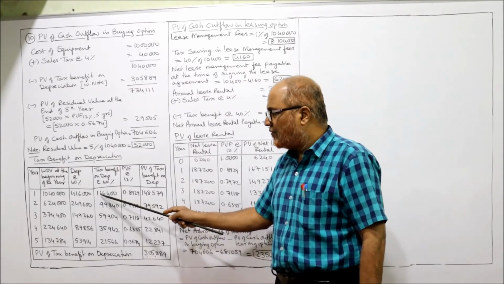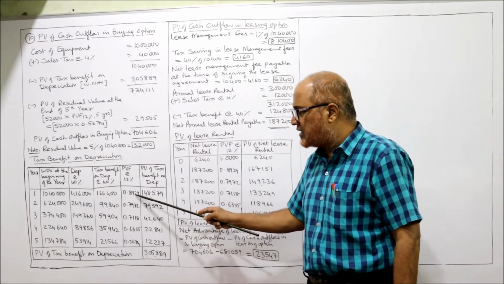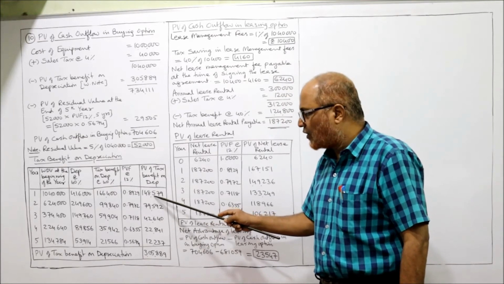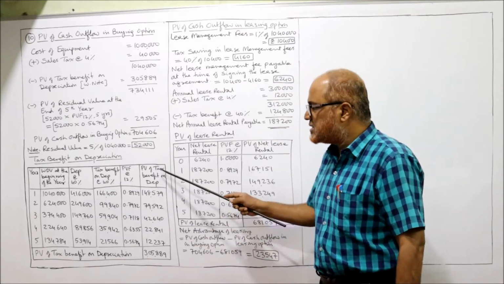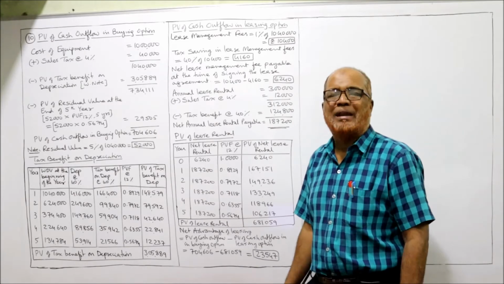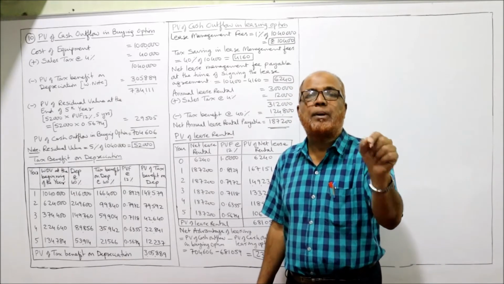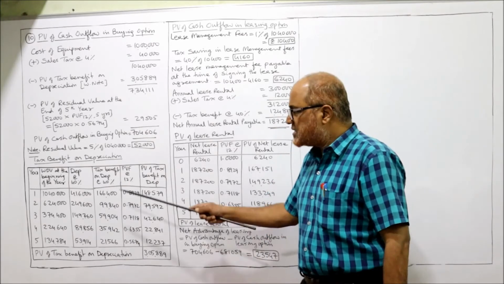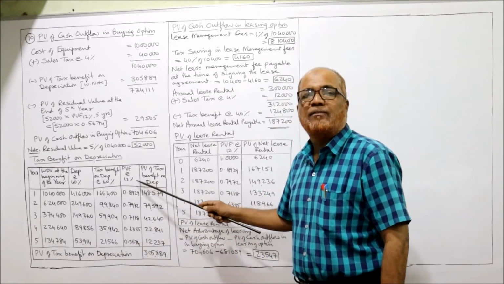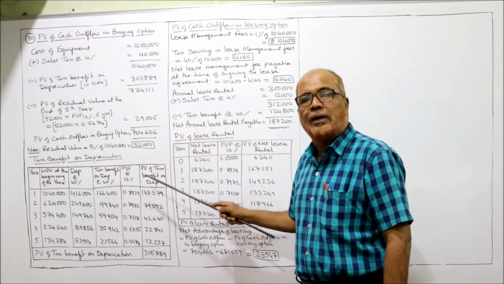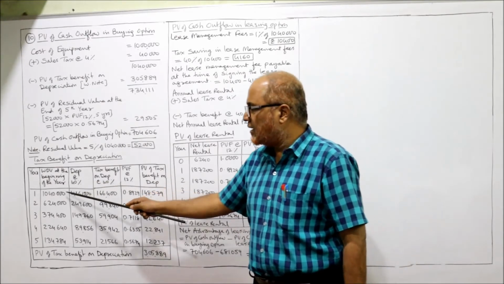Now multiply 1,66,400 into 0.8929, 1,48,579. This is the present value of tax benefit on depreciation. This is the tax benefit, multiply with the present value factor, we'll get the present value.